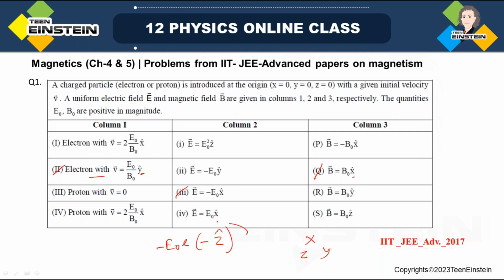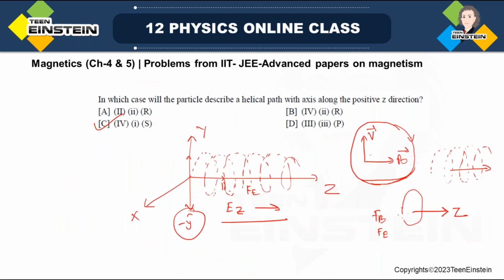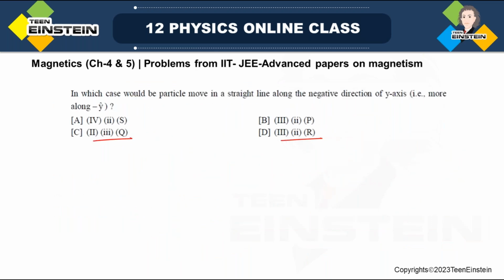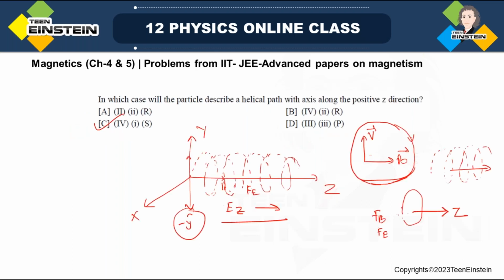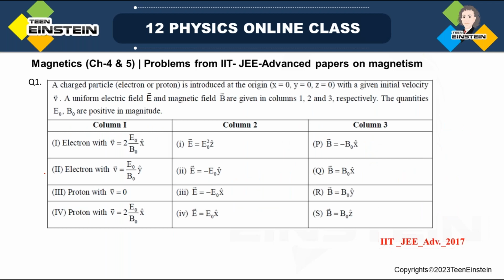So this is not actually giving you the negative Y direction. I don't know whether I have taken the option wrong from somewhere. C option is 2, 3 and Q, 3 from here and Q from here.